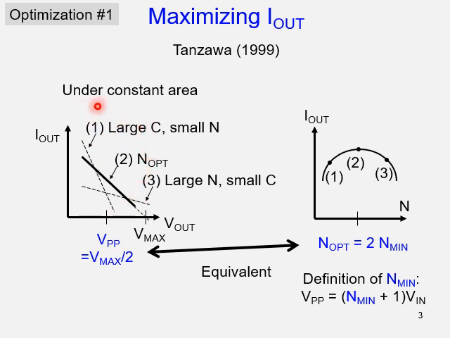Even if the circuit area is provided, you have freedom in the capacitor size per stage and the number of stages. So you can select the large C with small n, or large n and small C, and there are some cases between the two extremes.